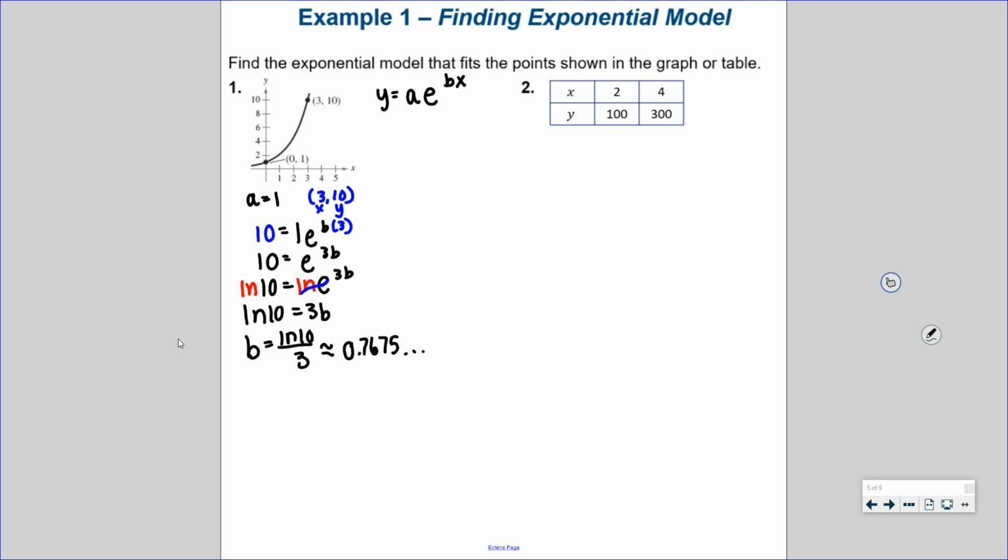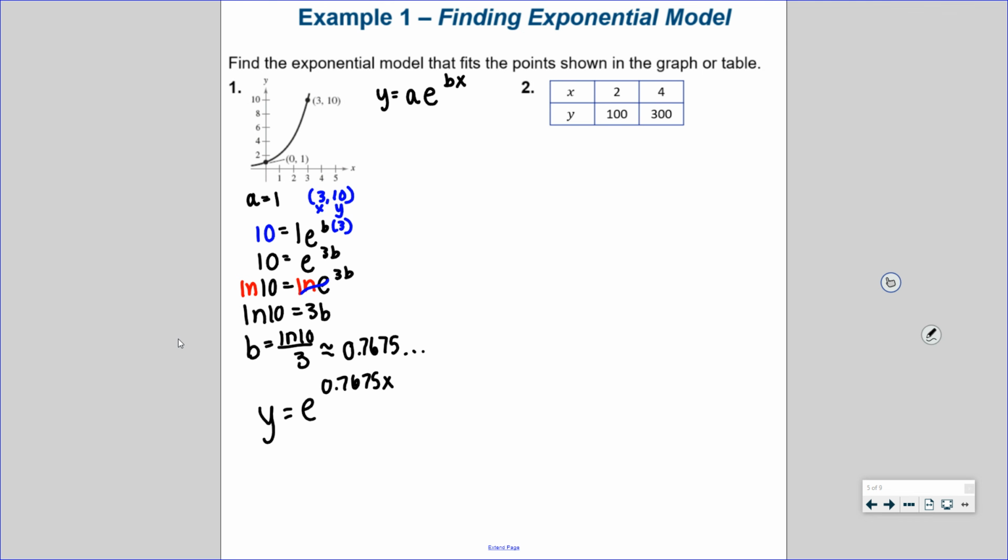Similar to when you write equations of lines, you solve for the slope, solve for the y-intercept, and then you write it, and you only keep the y's and x's, right? So when I want to write the model here, now e is embedded in our exponential model. You want to only have y. We know A is 1, so you don't really need to write that there. I want to plug in b, and you can just round for the model.